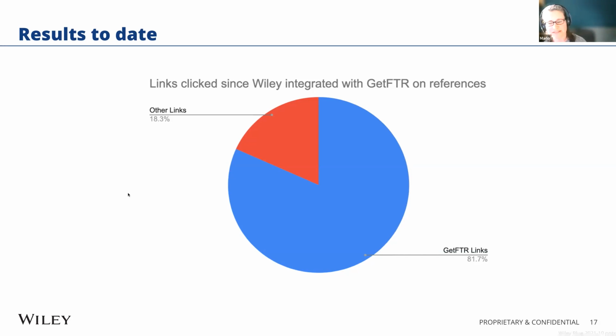Of course, there are many factors that could play into that, whether that's design or language or just the order of links. But regardless of the intent, this at least shows us that users are getting to the version of record or the best available version that we want users to be going to as a first port of call.